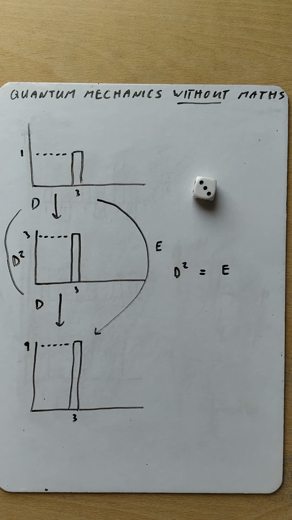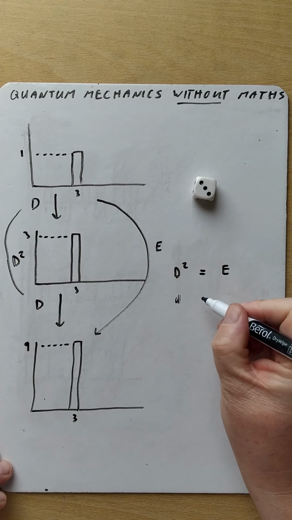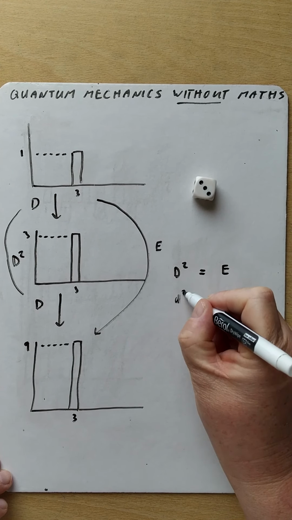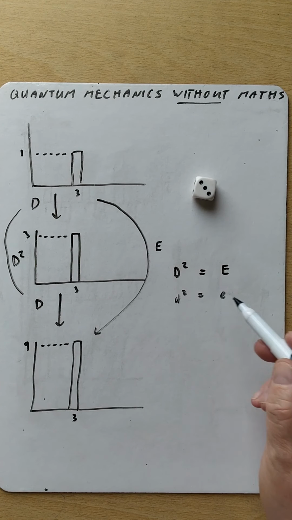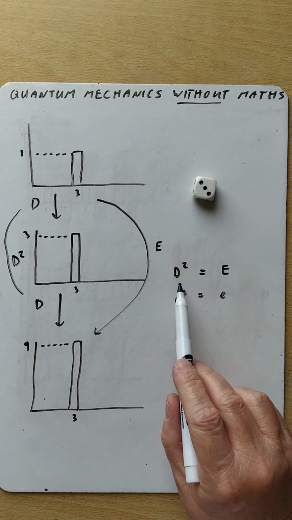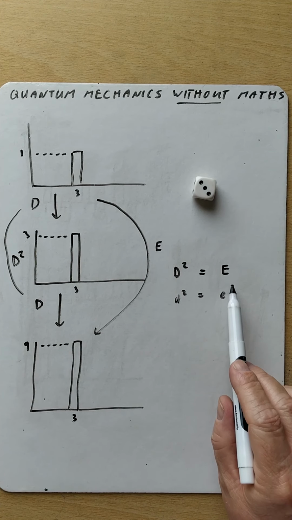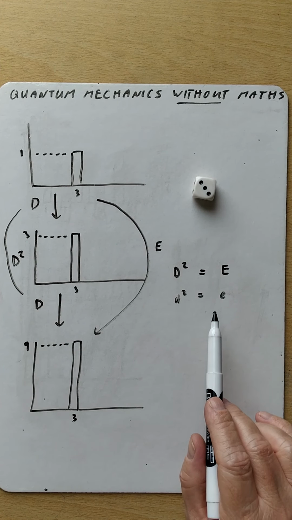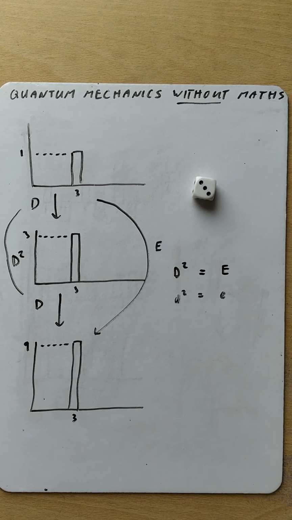So suppose we call the value on the dice D, and the value that you score for the game E. Then the rule for the game is that D squared, the value on the dice, equals the score that you get, E. And this is exactly the same as you get by applying the D operator twice, or the E operator once. In other words, the equation that's followed by the measurements is exactly the same as the equation that's followed by the operators acting on the states.